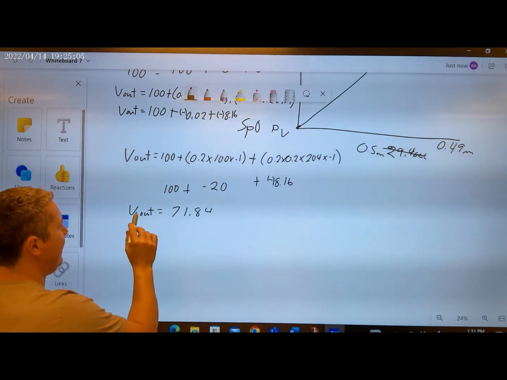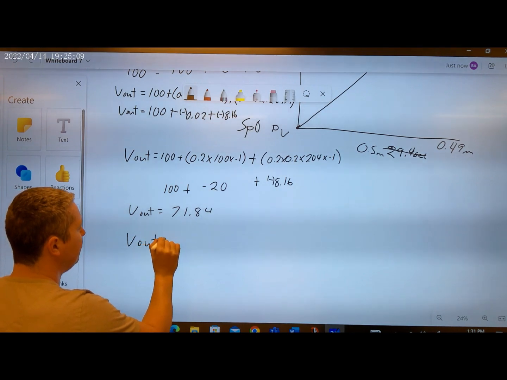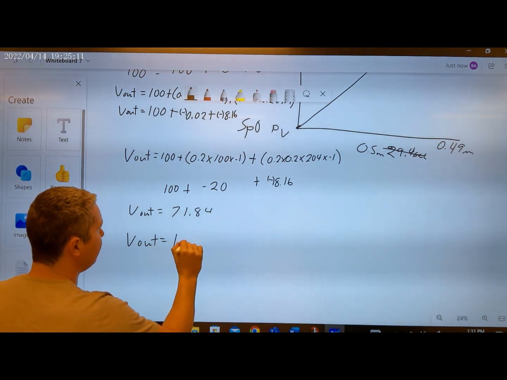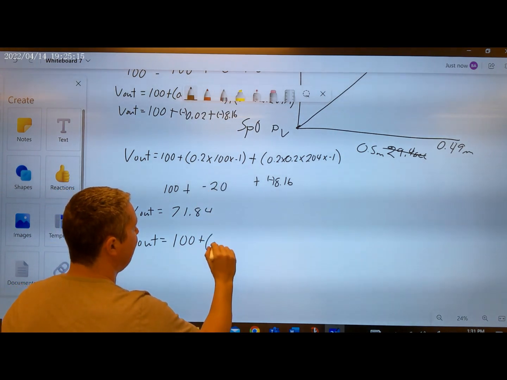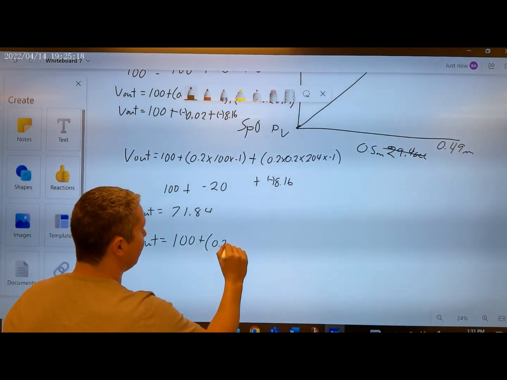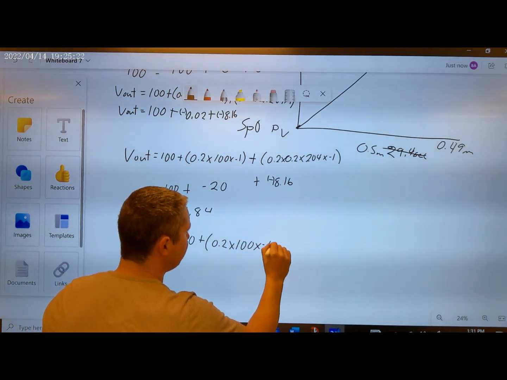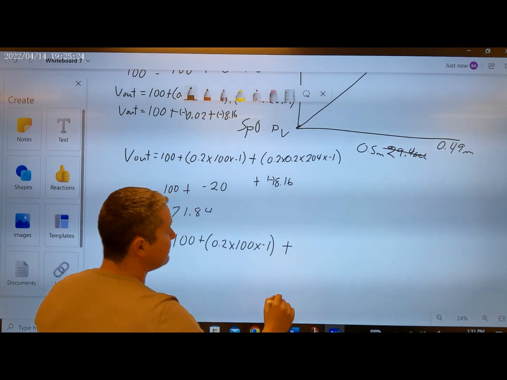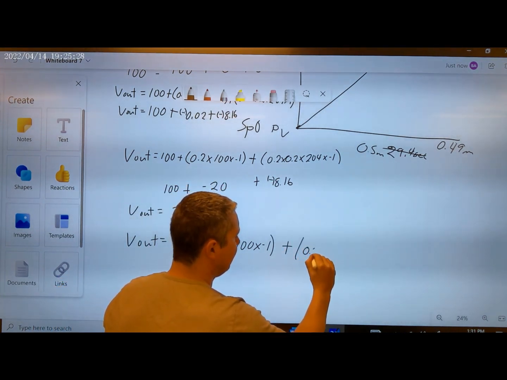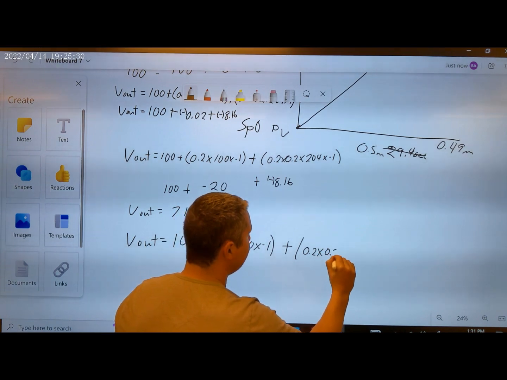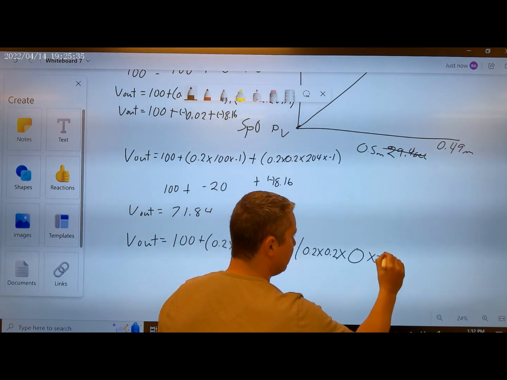So now what's going to happen is we're going to go V out equals 100 plus, and it's going to be the same thing. We still have that error, proportional gain times your error of 100 times your direction, plus, now we have our proportional gain times our derivative gain times, we have a ramp rate of 0 times our direction.